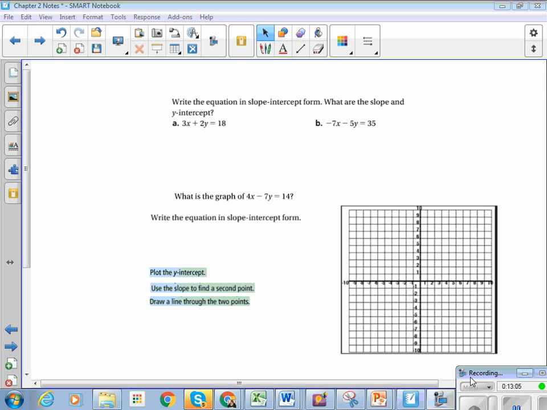All right, so now we have to look at the scenario when our equation is not in slope-intercept form, and I personally prefer all my linear equations to be in slope-intercept form. I like working with that format way better than the other 2 forms.